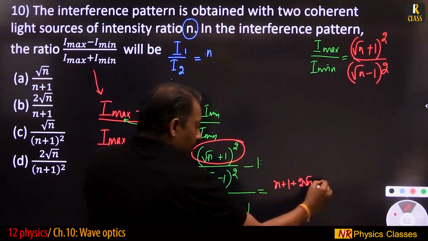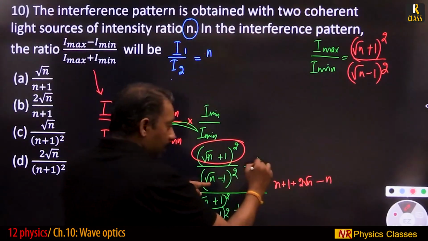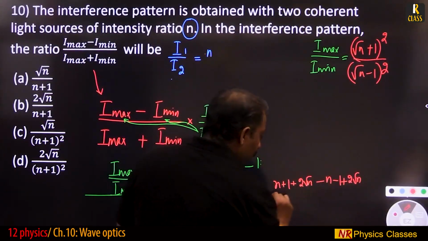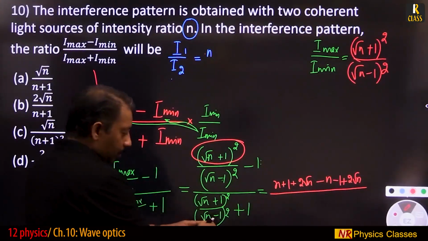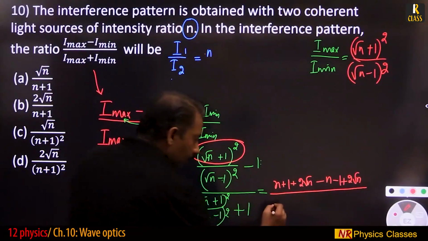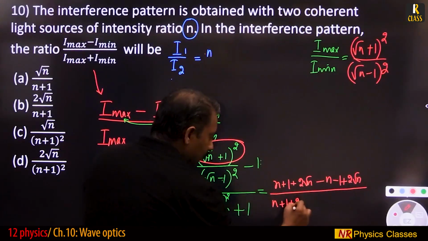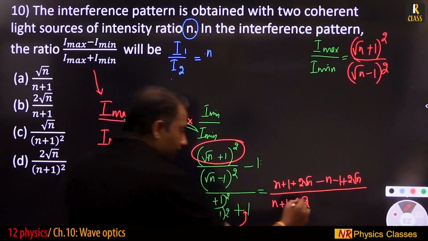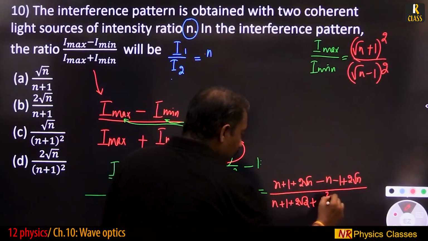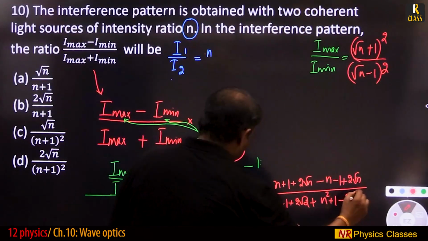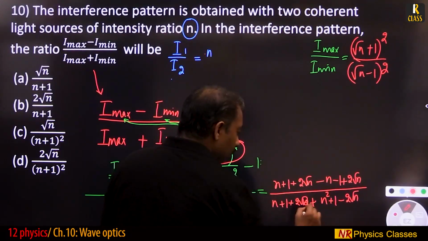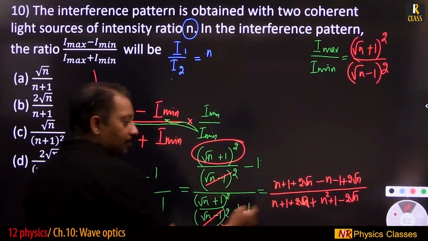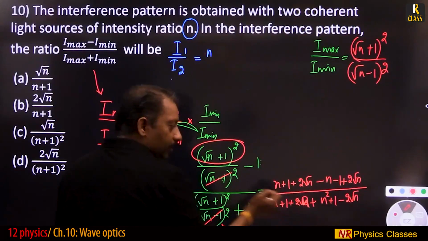This is here minus n minus 1 minus plus 2 root n by, this comes here, root n plus 1, n plus 1 plus 2 root n, this goes here, therefore plus n square plus 1 minus 2 root n, this is n, this is n, this cancels with this. So that's why there is no denominator in the numerator, there is no denominator in the denominator.